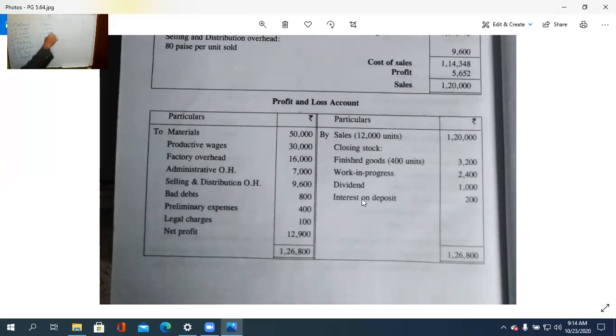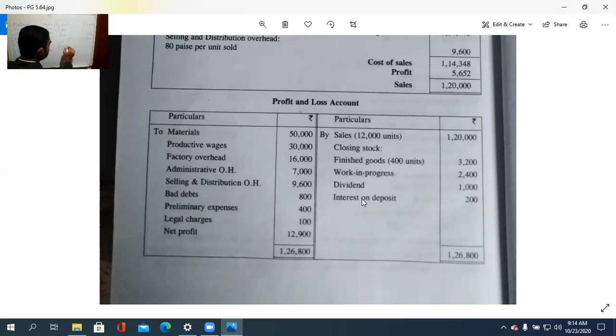And credit side by sales, how much is it? 1,20,000. Then closing stock of finished goods, 400 units, 3,200. That is already given in the question. Then work in progress, it is 2,400.